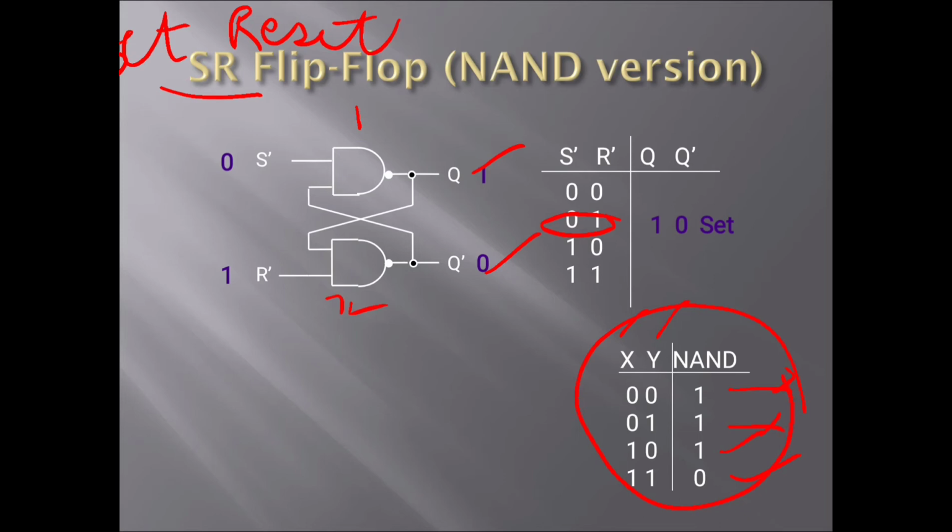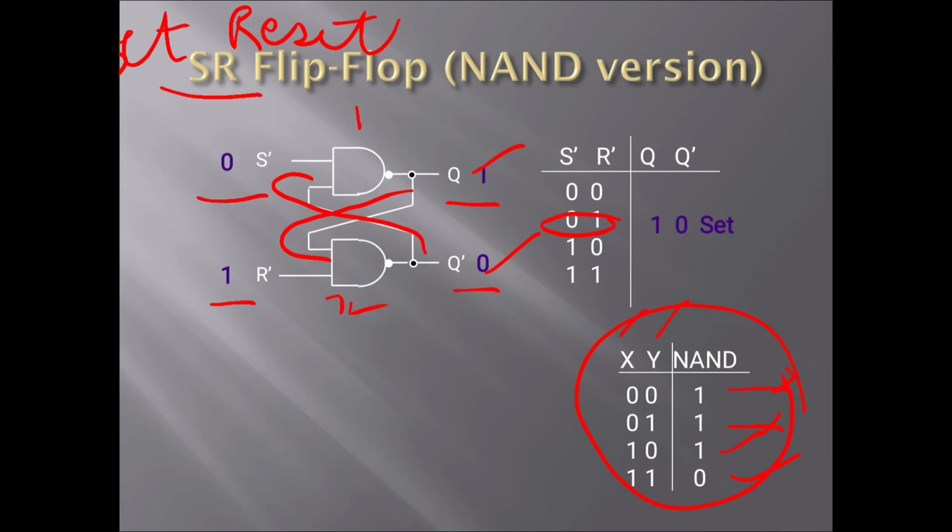See here, when we give input S as 0 and R as 1, and the previous value of Q is 1 and Q complement is 0, Q is treated as input to this NAND gate and the output Q complement is treated as input to this NAND gate.